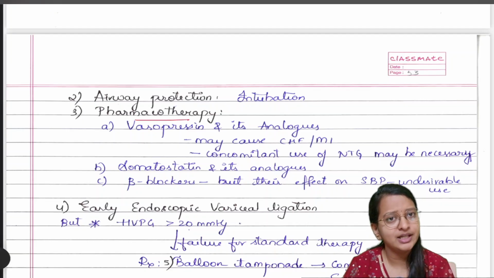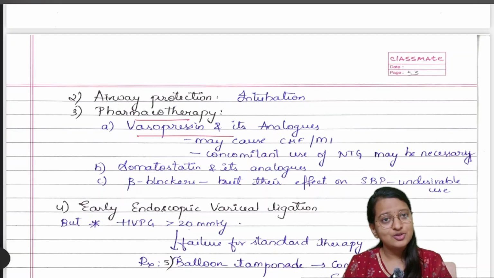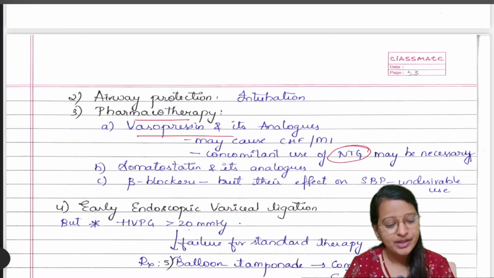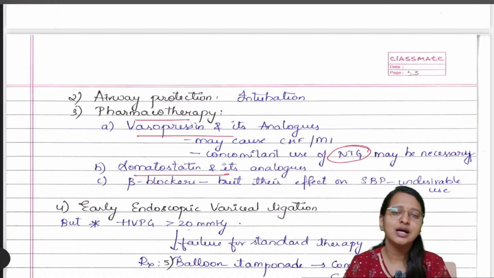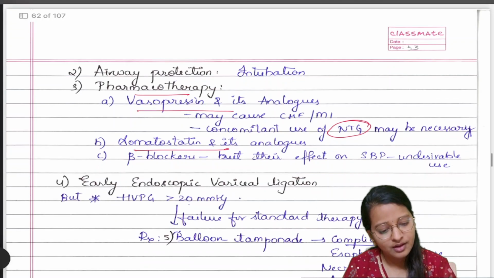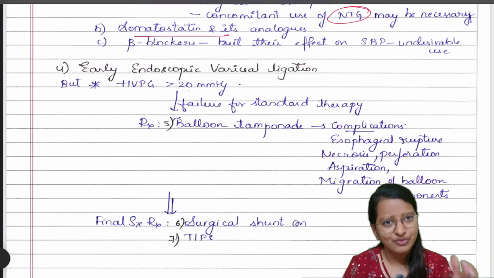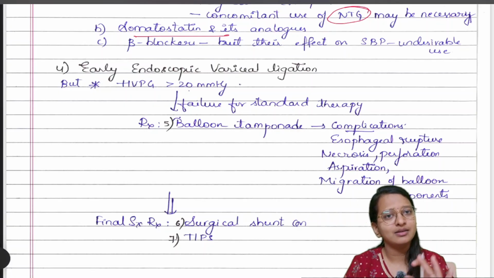Pharmacotherapy, again, if needed, we'll go for vasopressin, but MI can occur, so we'll be giving NTG also parallelly depending on the BP, and we can go for somatostatin analogs, but beta blockers, we should be careful because it might cause hypotension. And we'll go for early endoscopic variceal ligation. If the situation is worse, if the pressure gradient is greater than 20 mmHg, all the standard therapy won't work.